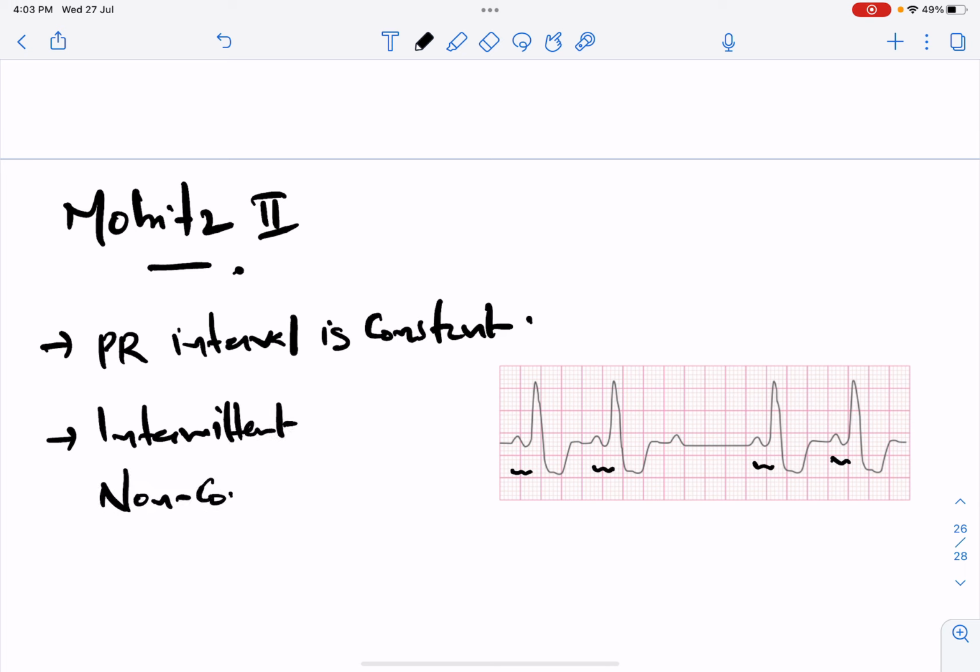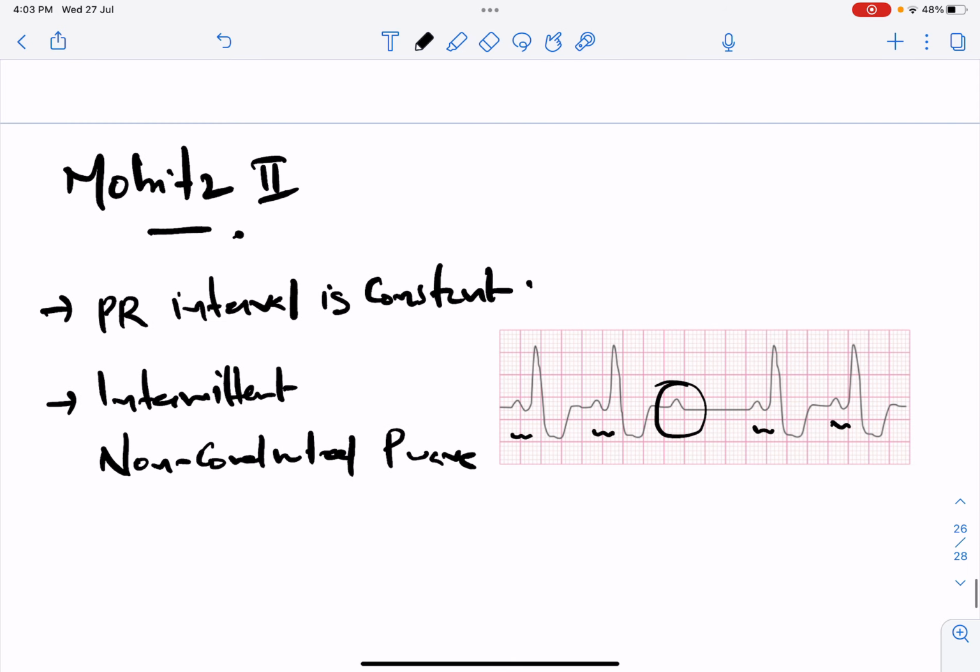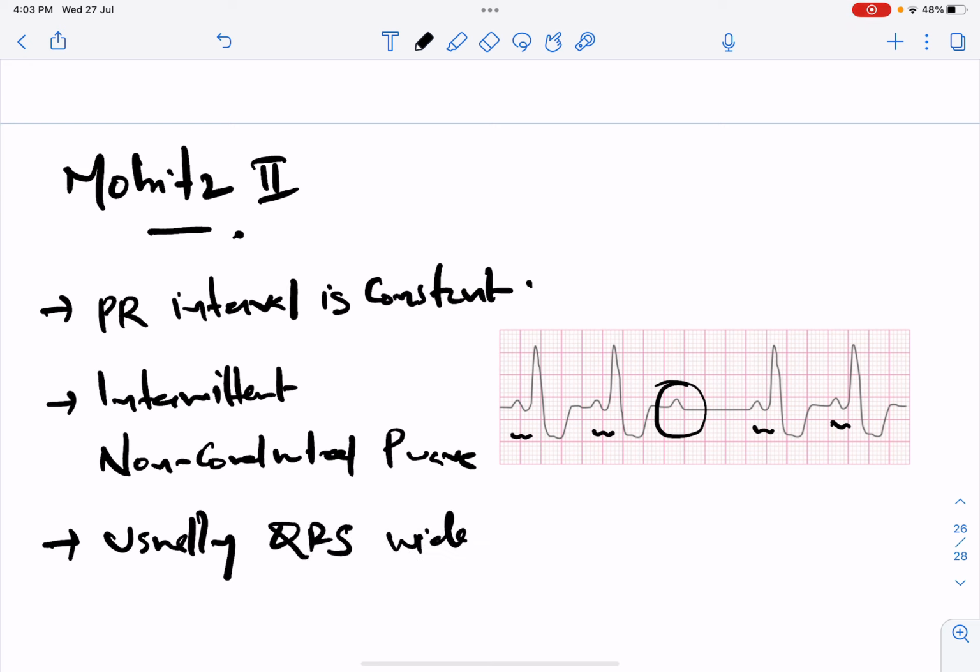Here this P wave is not getting conducted. Okay, and the QRS complex is usually widened. Usually, not always, usually the QRS will be widened. Okay, that's Mobitz type 2.